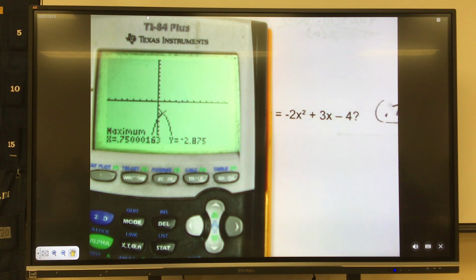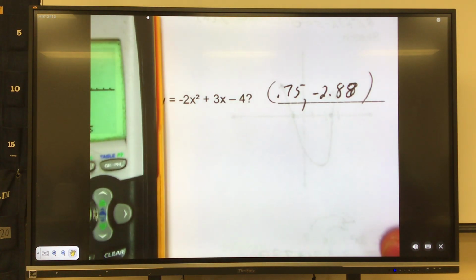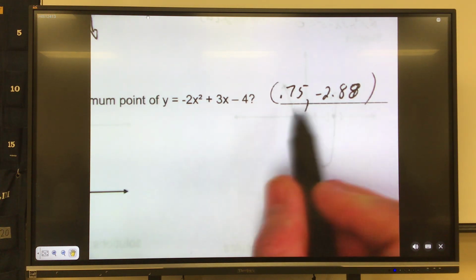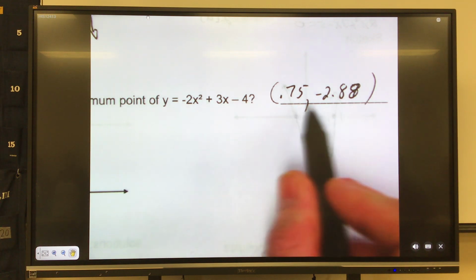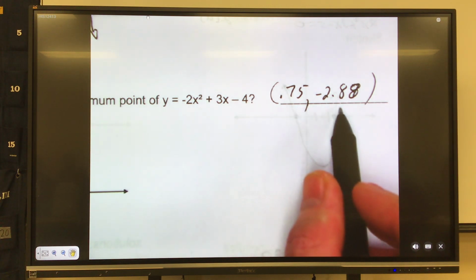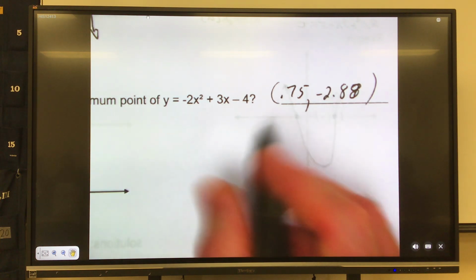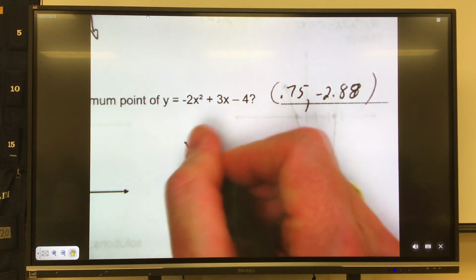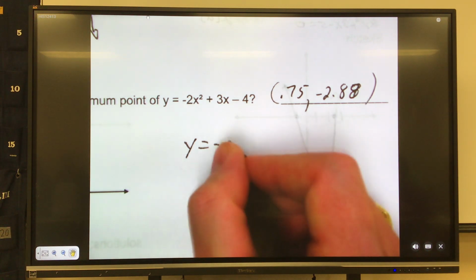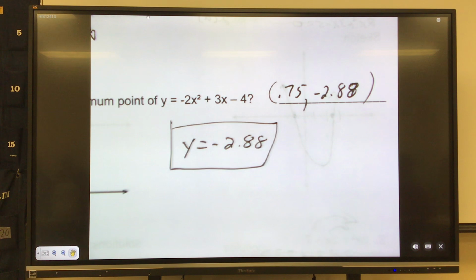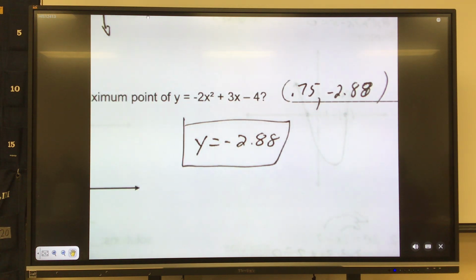So that would be the coordinates of the vertex. So the maximum point, the highest this thing goes, is which one of these? X or Y? What's my up and down? X's or Y's? Y. So the highest point is Y equals negative 2.88. So that technically is my maximum.